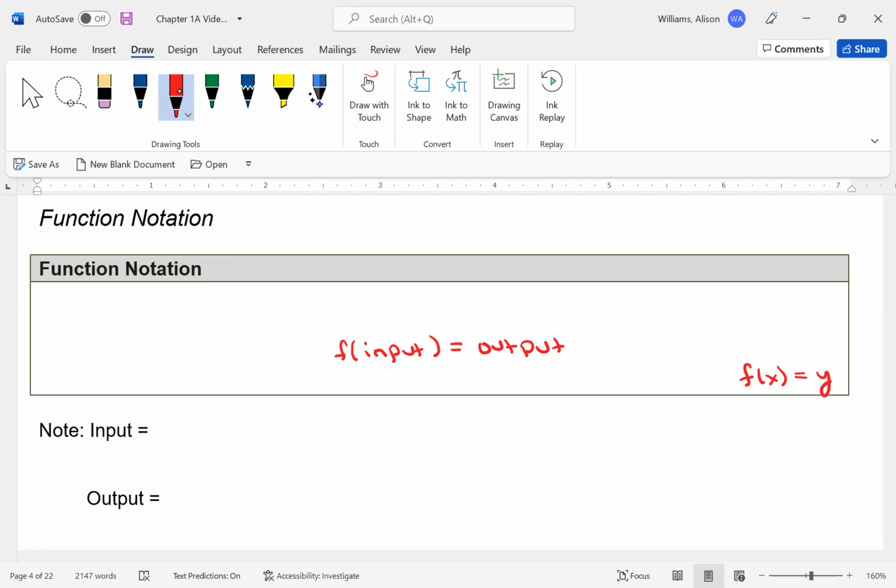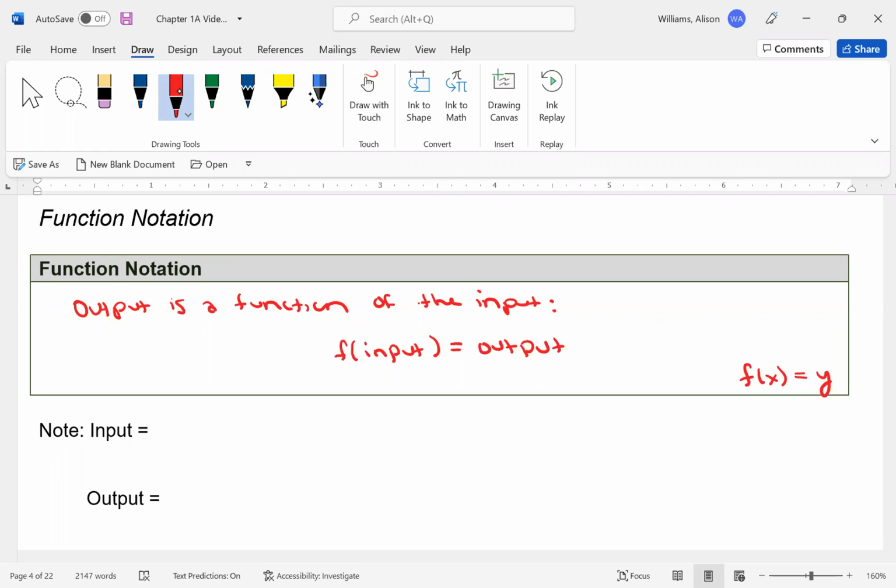Verbally, if I were to say that, what I'm saying is the output is a function of the input. And then visually we express it as f parentheses input parentheses equals output. The idea is that the result is the output. It's what comes after that equal sign.